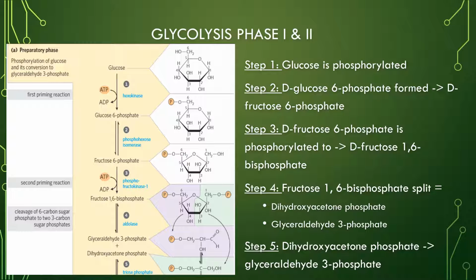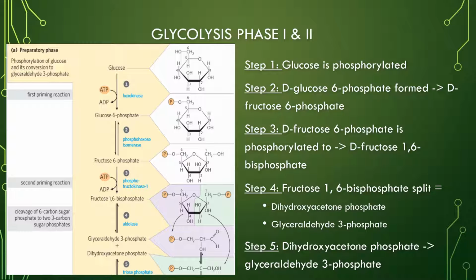Okay, and then lastly, it is step 5 down at the bottom, where you can see right here, and that is where we have the 2 3-carbon sugar phosphates, and they are going to be transferred into glyceraldehyde 3-phosphate.